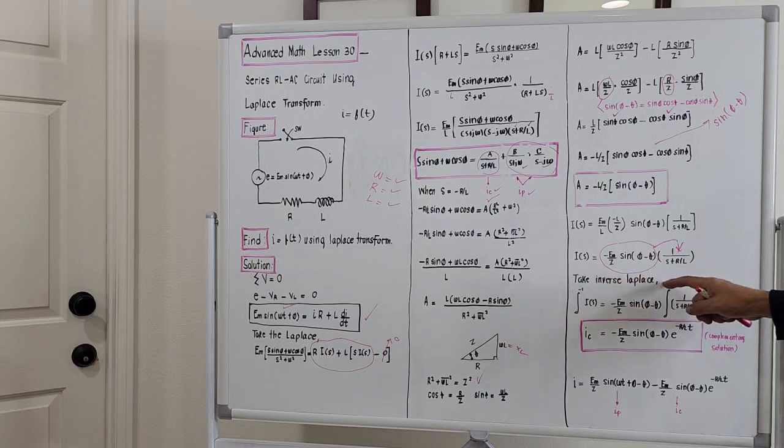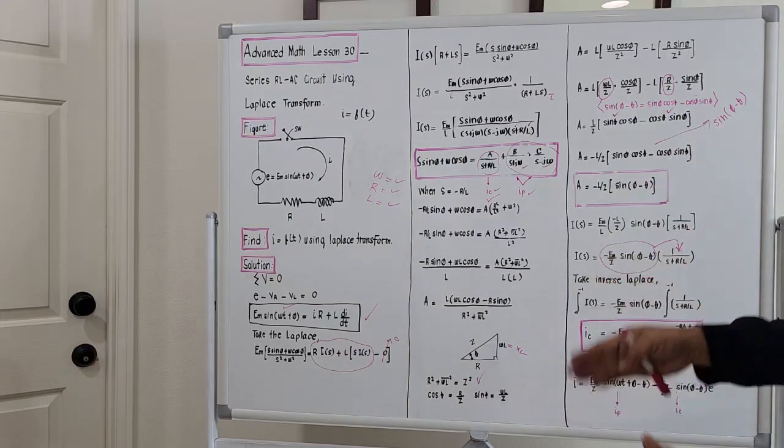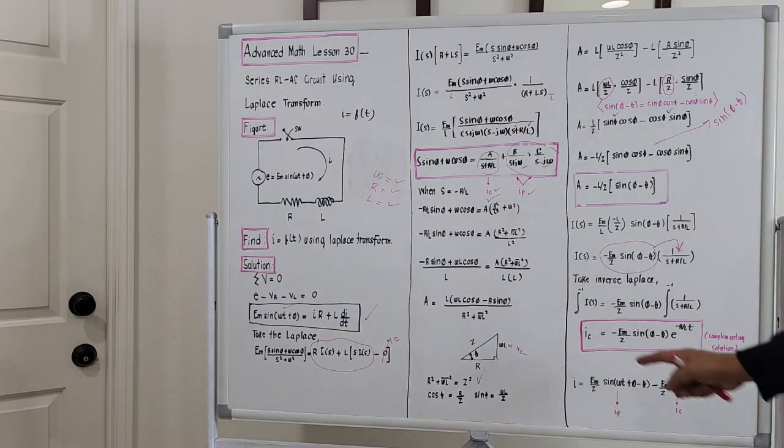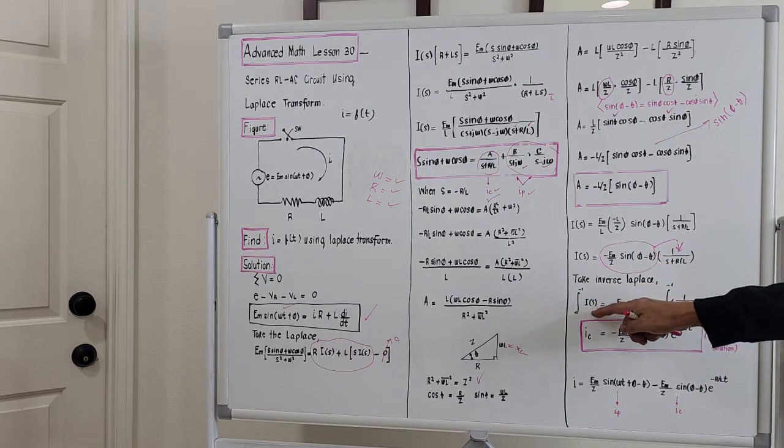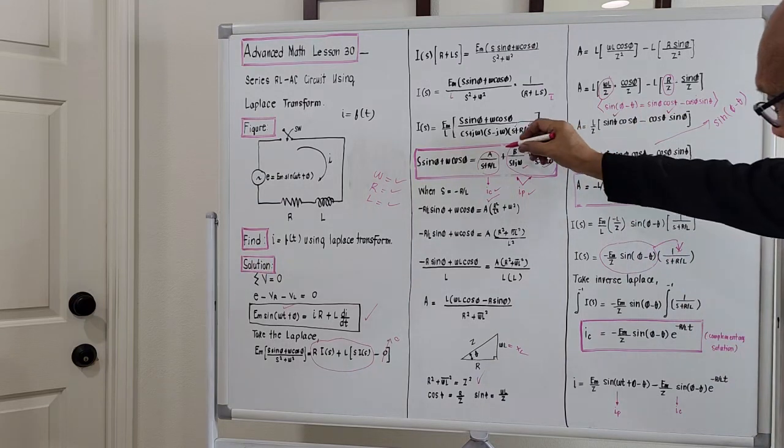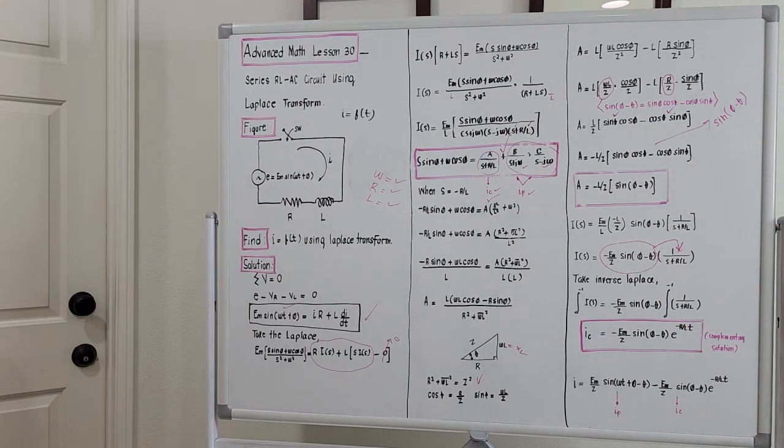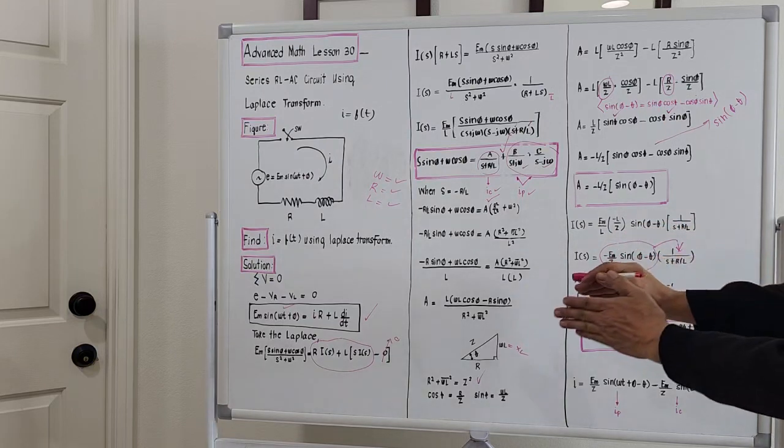Then taking the inverse Laplace transform. We are just solving for the meantime the complementary solution. So the inverse Laplace transform of the capital letter I as a function of S, considering this one, should be equal to, these are all constants, so we bring it out, okay?